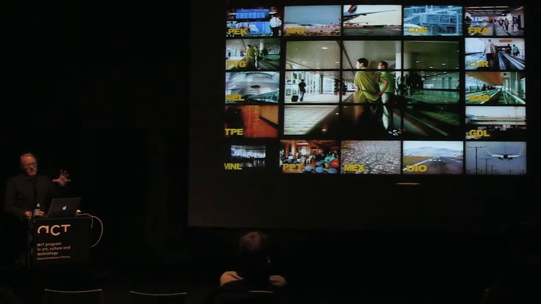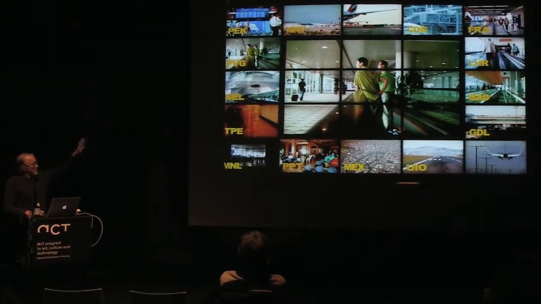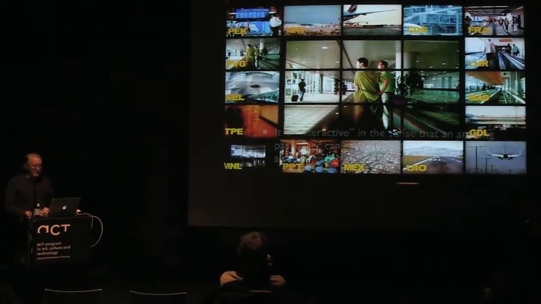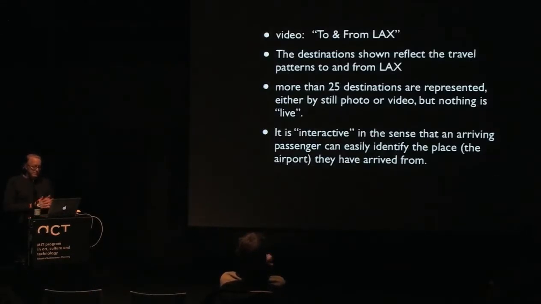And to, in a sense, reflect those travel patterns and to represent the destinations. But of course, I'm representing just the airport destination. They're roughly arranged north, south, east, west, with LA at the center.